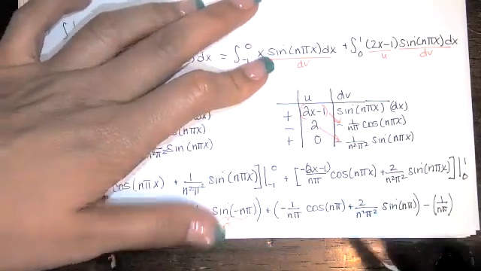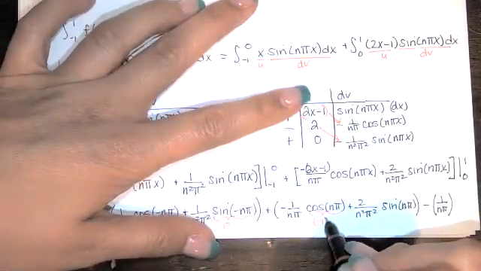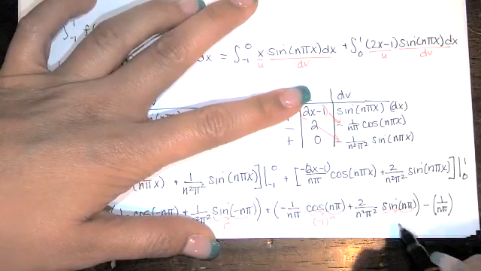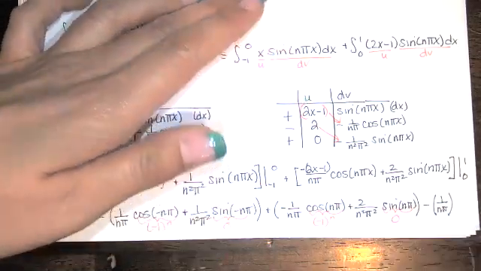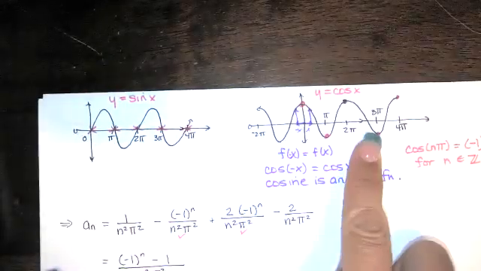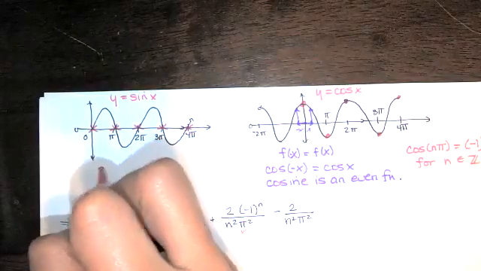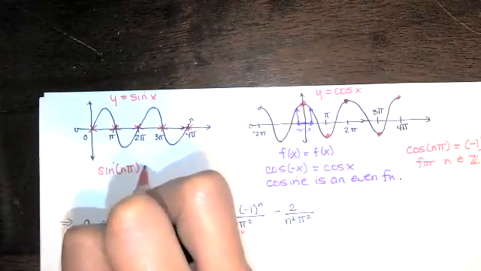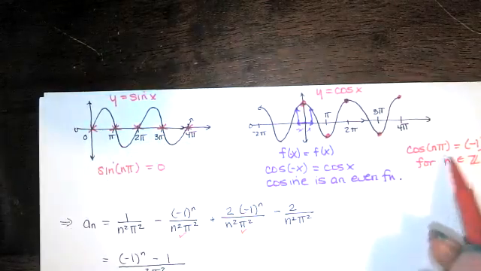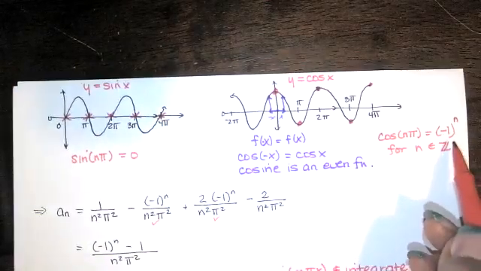Okay. And cosine of n pi again is negative 1 to the n. Sine of n pi, sine of a multiple of pi, is 0. Because of these things that we talked about up here. Let me write that down. Sine of n pi is 0. Cosine of n pi is negative 1 to the n.